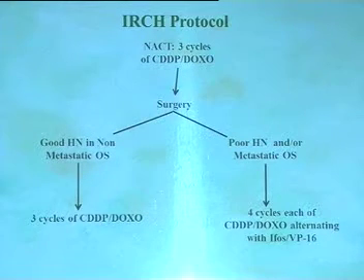The protocol that we use at our center is we start with 3 cycles of cisplatinum adriamycin, and after 3 cycles we go for surgery. In patients who have good necrosis, we continue the same 3 cycles. Those who have poor histological necrosis or have metastatic disease, we add ifosfamide and etoposide to cisplatinum adriamycin.